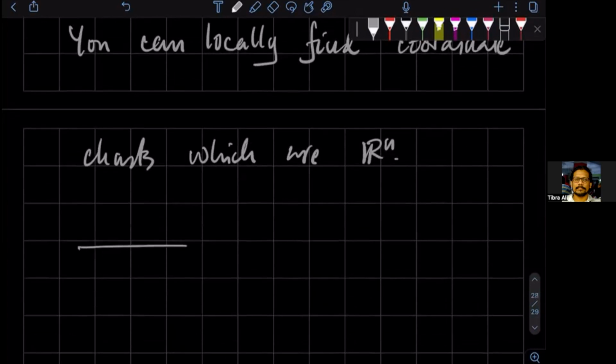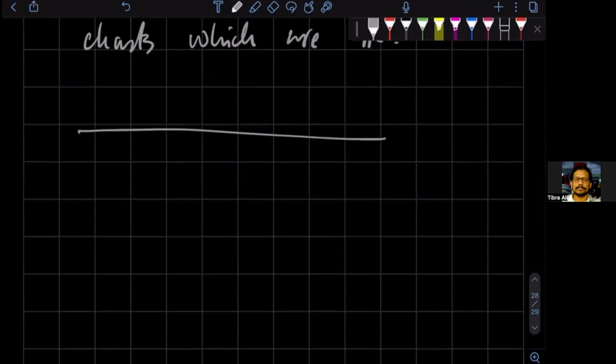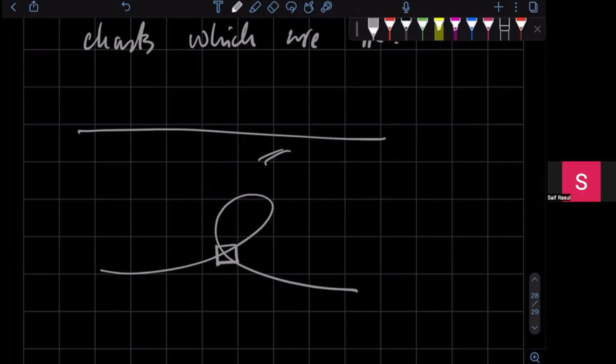So for example, this is a manifold. This is not a manifold. Why? At the point of intersection, it's not locally Euclidean. Here it is not R^1, whereas this guy is locally always R^1. So a circle would also be a manifold.